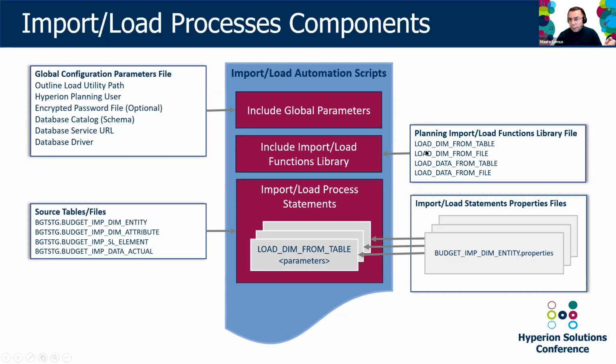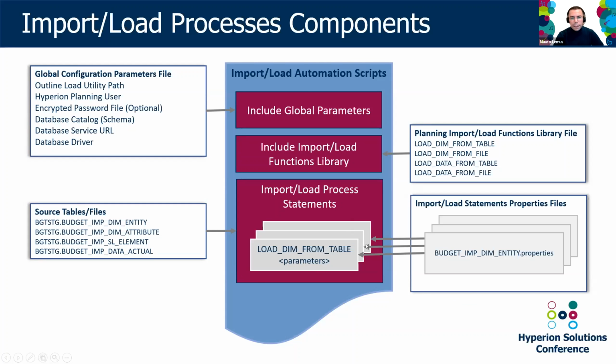Something like, for example, load dimensions from table, load the dimension from file, load data from a table or file. You define those processes, and then you wrap the command line for the outline load utility using the proper parameters for each of these processes, and then you encapsulate that, generating these functions.